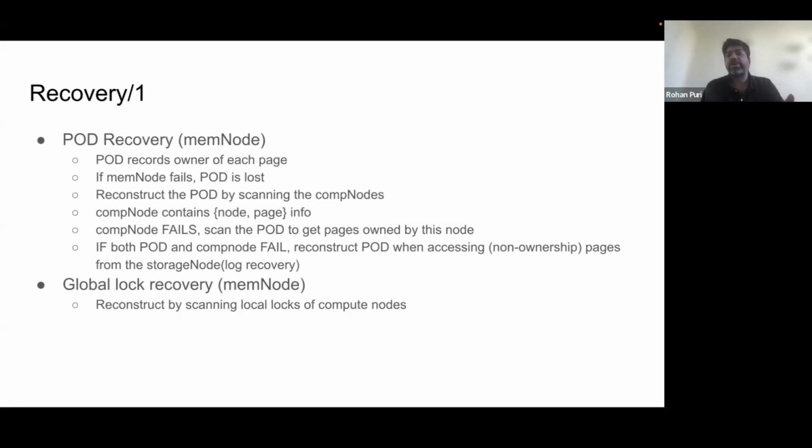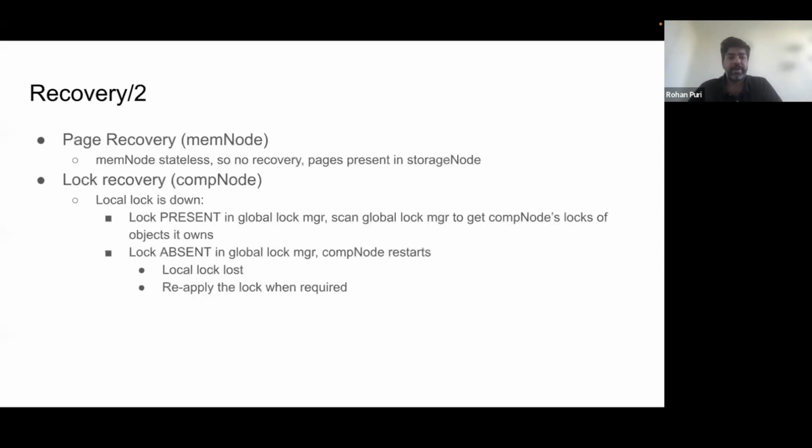But if the compute node is also down, then the final source of truth is the storage node, but that doesn't have ownership details. So as and when you want a write access to a page, that's when the ownership would be given, when you're reading from the storage node.